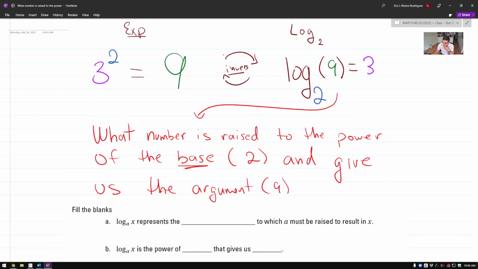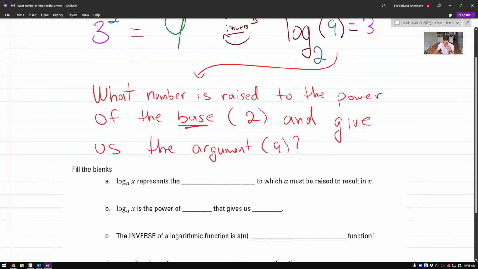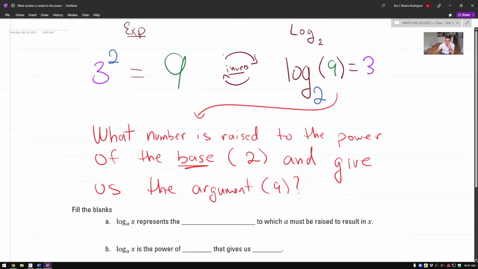which is 9. Let me double check if this question makes sense. What number is raised to the power of 2 and gives us the argument 9? Does that make sense? Yes, I think so.